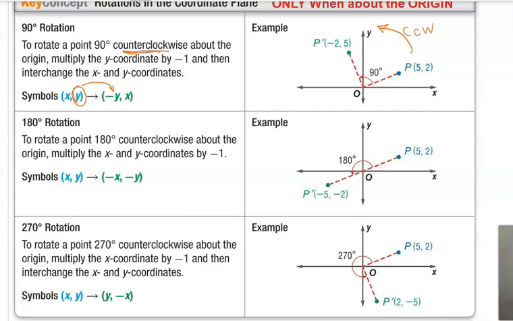A 90-degree counterclockwise rotation is the same thing as a 270-degree clockwise, just so we got that out of the way. 180-degree rotations are clockwise or counterclockwise, and then 270 rotation is counterclockwise. You're going to switch the letters and you're going to negate the x. You negate the x and the y on the 180-degree rotation, but you don't switch it.